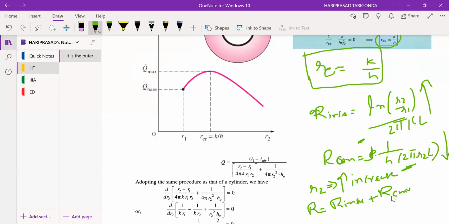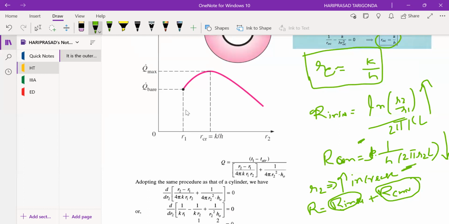Initially the convection will be dominating, and the insulation is not that much dominating. Therefore initially if you keep on providing insulation, R convection will be decreasing faster than R insulation increases.